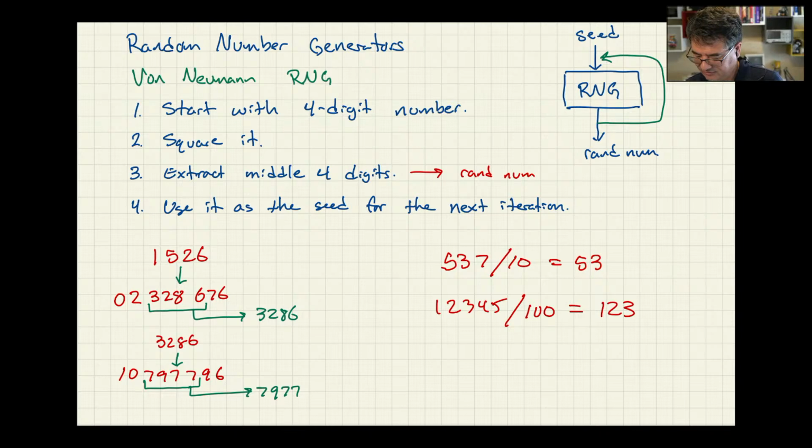So going back to my 537 example, what if I did 537 modulo 10? What do I get? I divide by 10, and this gives me the remainder. You'll get 7. What happened to the 53? It's modulus, so it's not in the set of acceptable values.